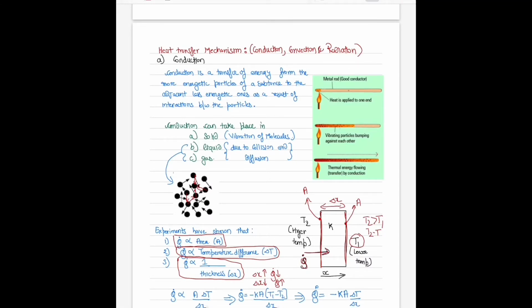Now from the above observation, we can write our expression as Q dot is directly proportional to area and temperature difference, and inversely proportional to thickness, as shown here. If we remove the proportionality, we have one constant K, which is known as the thermal conductivity.